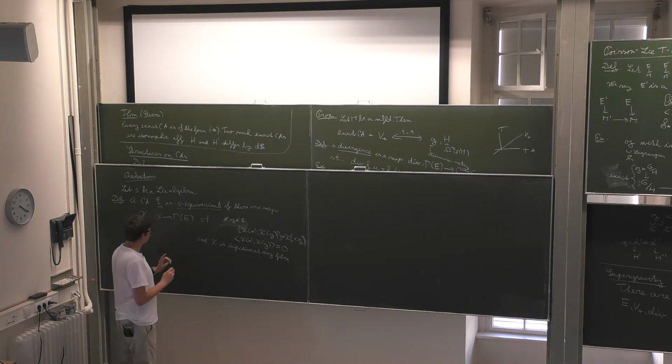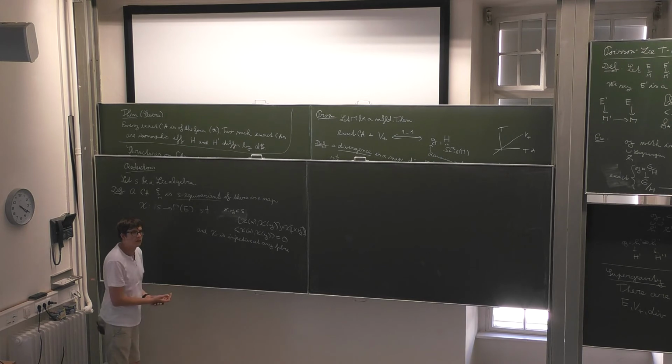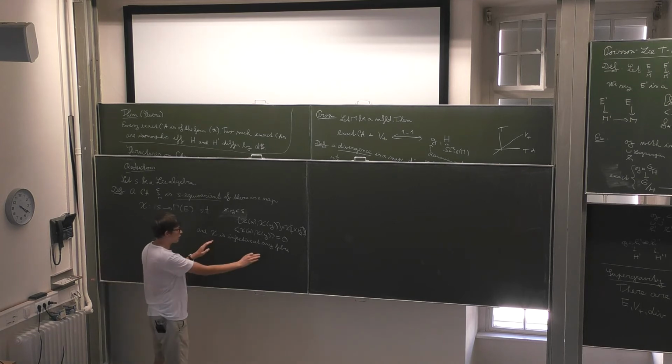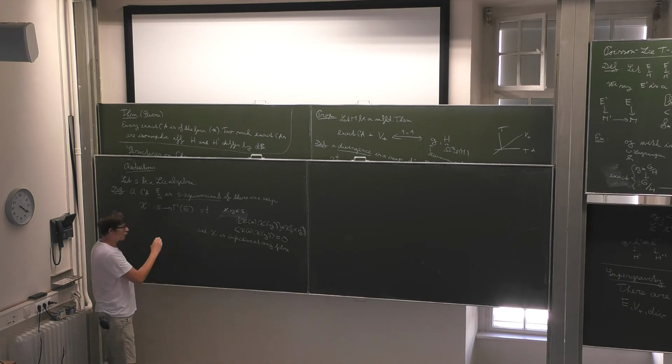Okay, it will be clear hopefully in a moment. So this condition will be visible in the next step: each time you have such a thing, since you can use the anchor to map sections to vector fields, you will have an induced action of the Lie algebra on the manifold. And I want this to be a free and transitive action. So for that you need that this is injective, I think.